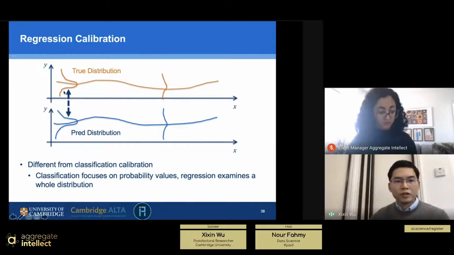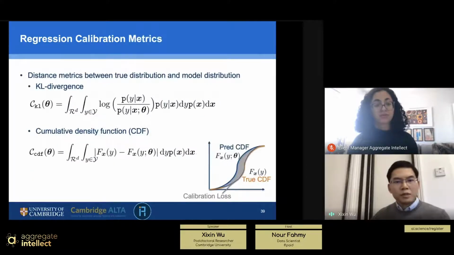For all of the predicted distributions, we hope that they are as close to the true distribution as possible, so that the probability really means the probability, neither overconfident nor underconfident. Similar to classification, for regression calibration we can also have calibration losses based on various distance metrics.